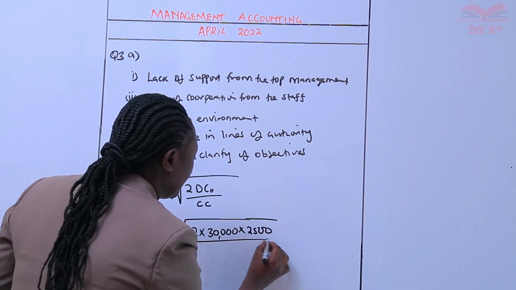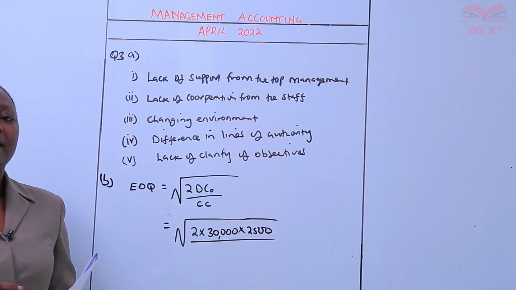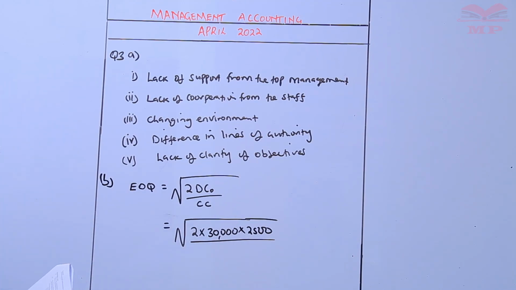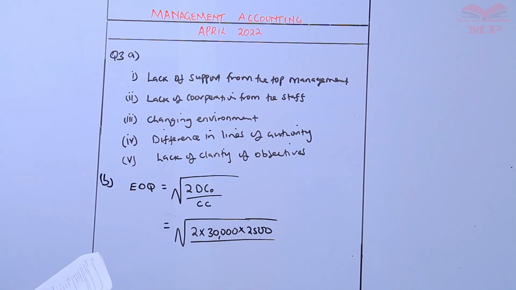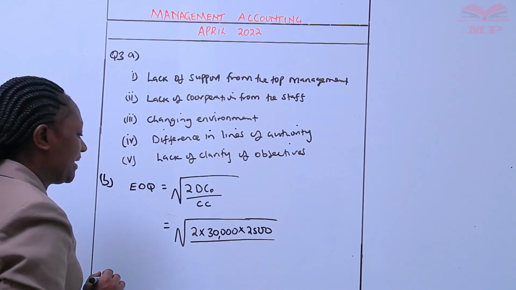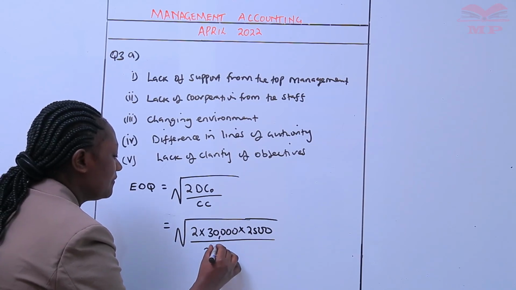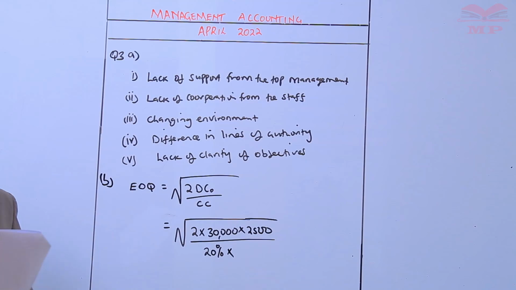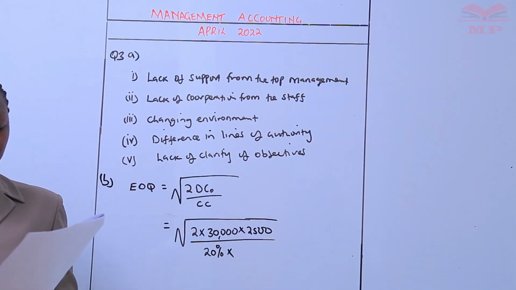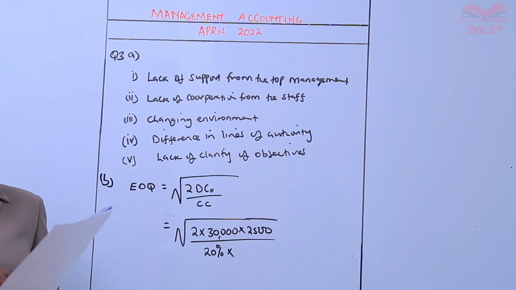Then divide by CC, which is referring to the carrying or holding cost. You are told that the holding cost is expressed as a percentage of the purchase price at 20%. So we are to get 20% of the purchase price, but you've not been given the purchase price. But if you look at that table, we have range 1, quantities 1 to 3,000, and the price is 21.